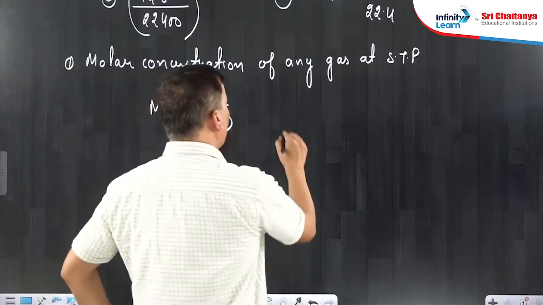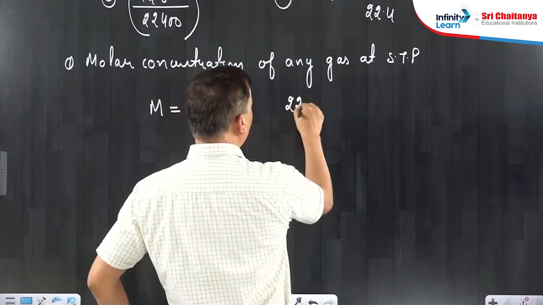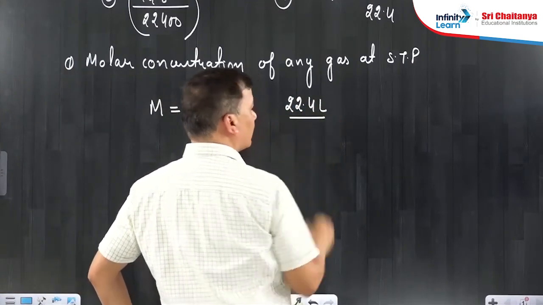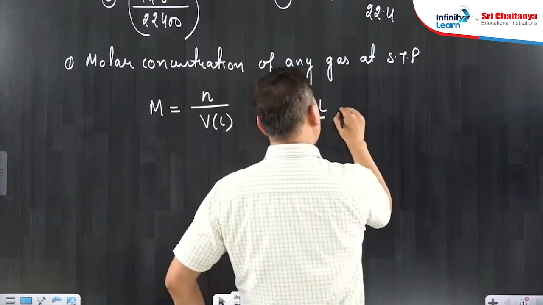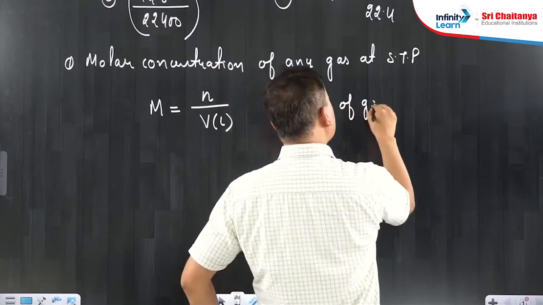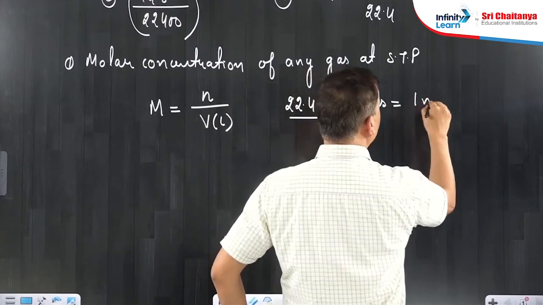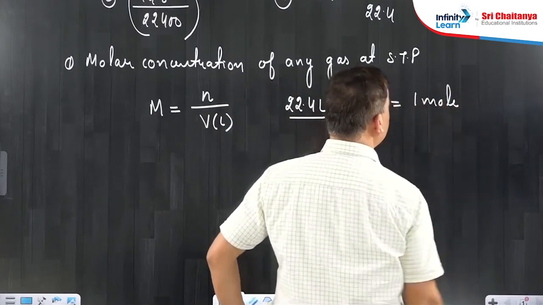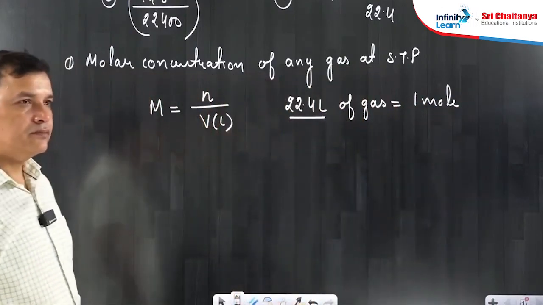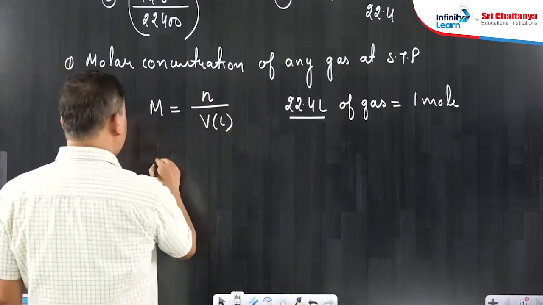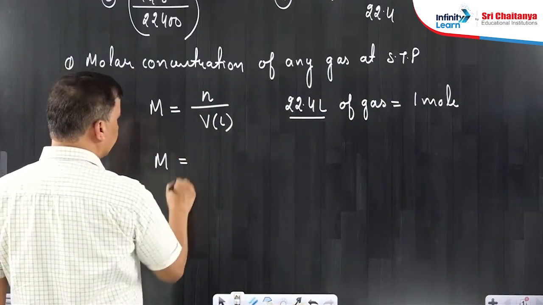For every 22.4 liter of a gas, it contains how many moles? It contains 1 mole. So dear student, what is the molarity of the gas at the STP?